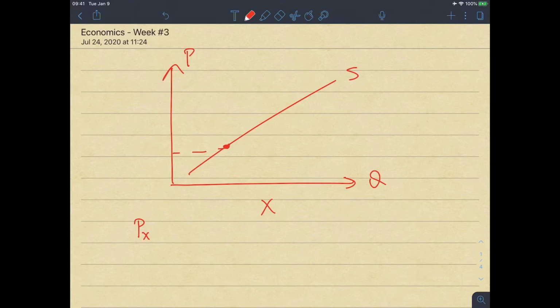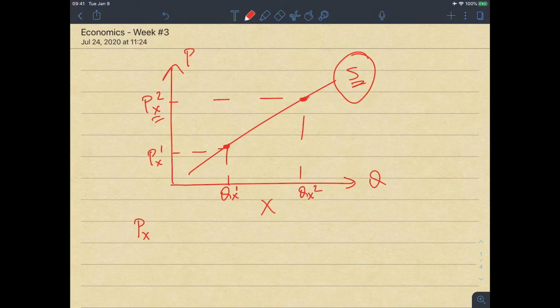Initially we were at this point px1, and after the increase, the price of the good is px2. So the initial quantity supplied is qx1 and the final is qx2. As you can see, we are on the same supply curve. The structure of the supply has not been changed yet.